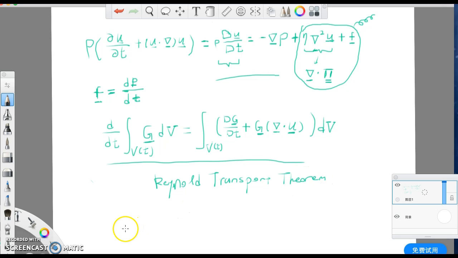And if you want the proof of this, this equation is 6.6a in the book Elementary Fluid Dynamics by Acheson.